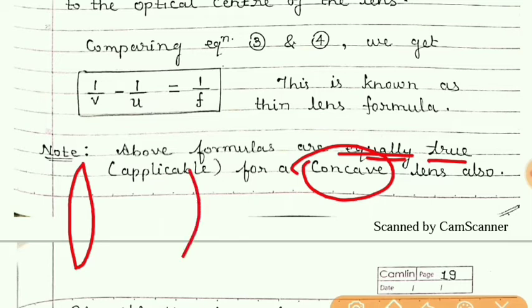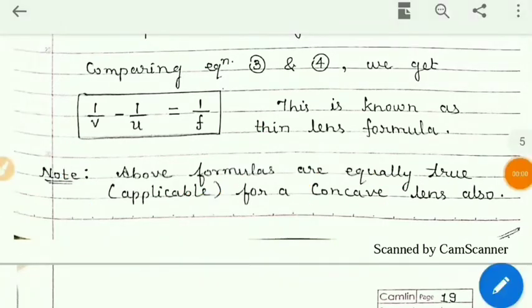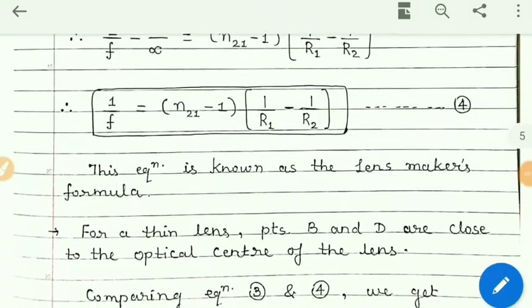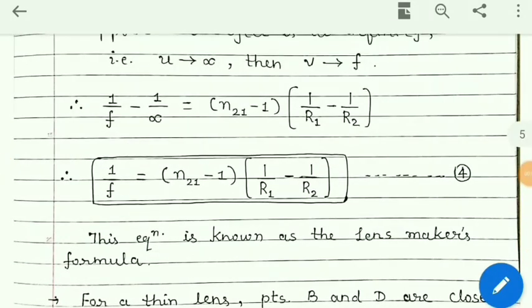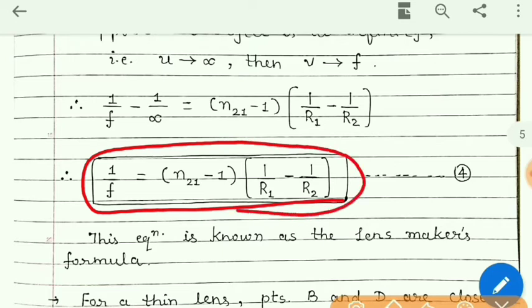Concave lens is like this. This is convex and this is concave. Even this Lensmaker's formula is applicable to all types of surfaces, either plane surface, convex surface or concave surface.